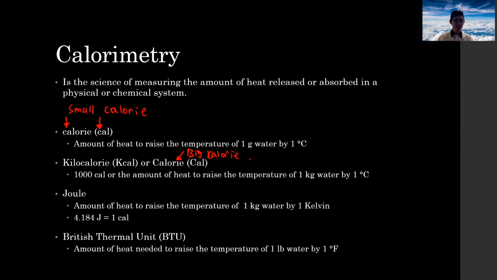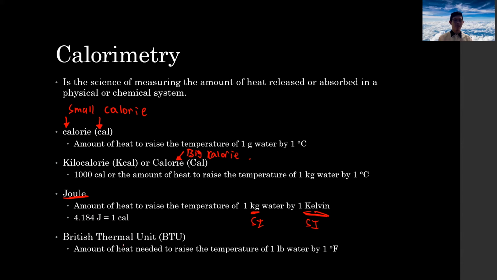Joule is the amount of heat to raise the temperature of 1 kilogram of water by 1 Kelvin. These two are actually the standard units of their respective measurements, so joule is also the standard unit for calorimetry. You can convert between joule and small calorie, where 4.184 joule is equal to 1 calorie.